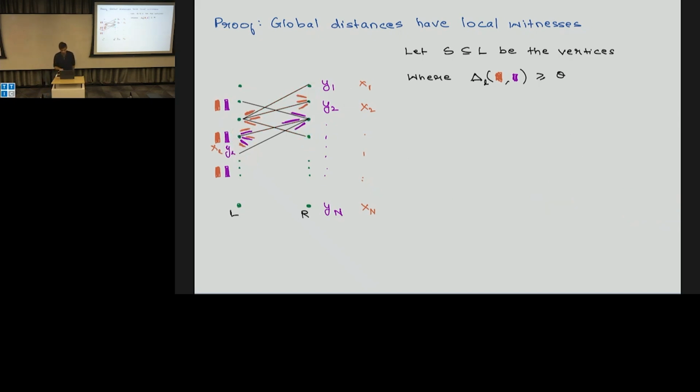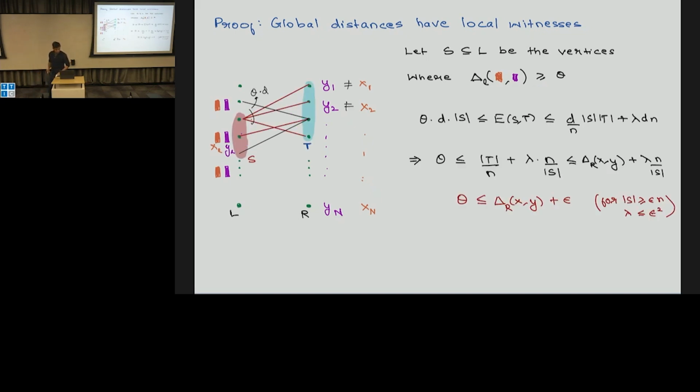Let's just look at the set of left things where the local projections have large distance, where the local things are far apart. And let's mark the edges on which the local things are different as red edges. So everybody in S has a lot of red edges. That's what it means to be in S. Locally things look different, so on every edge on which they look different, I just color it red.